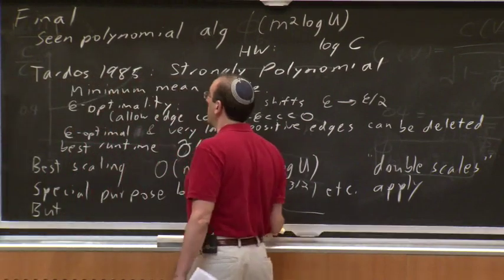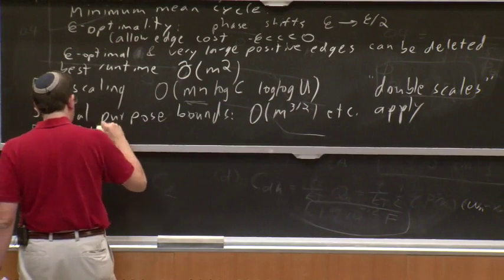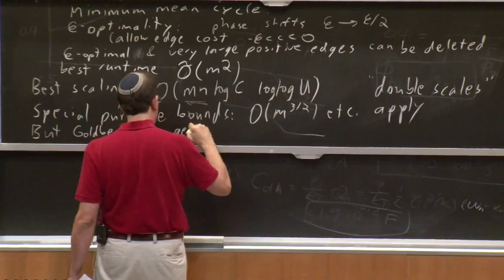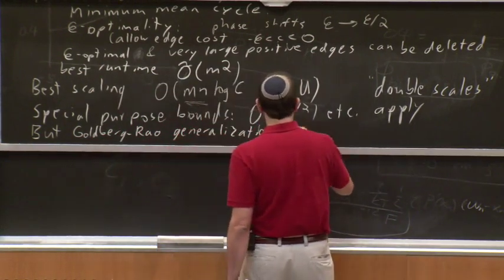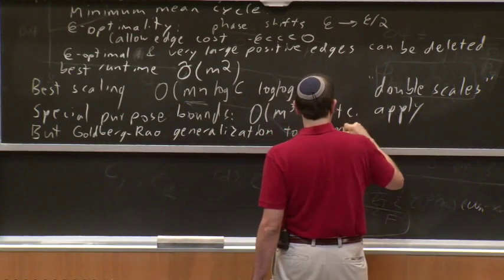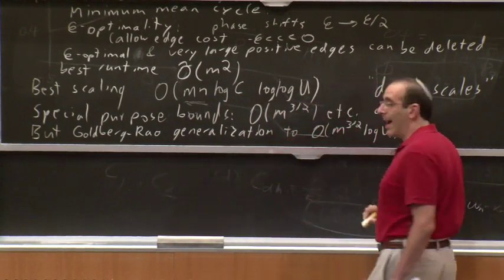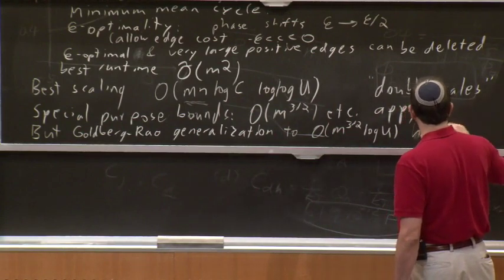Maybe I'll put it on the homework this week. The Goldberg-Rao generalization to get order m to the 3/2 log u for max flow has not yet been applied.